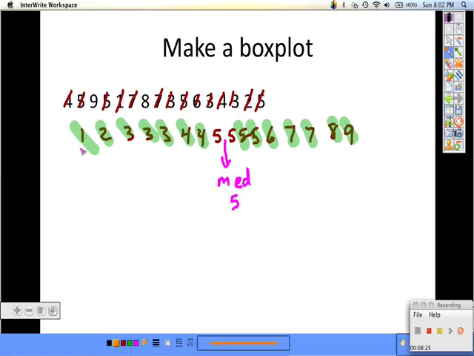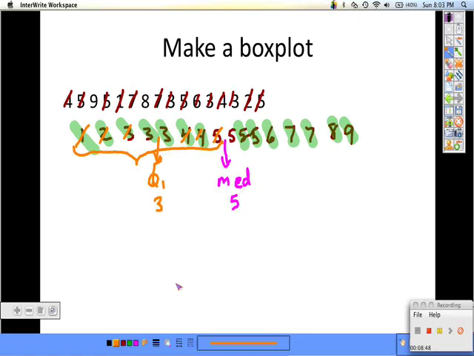To find Q1, I'm going to look at all those values. So now I'm going to cross off in this list and find the median of the lower half. Q1 would be 3.